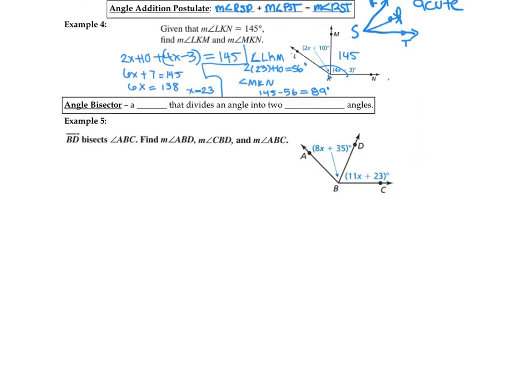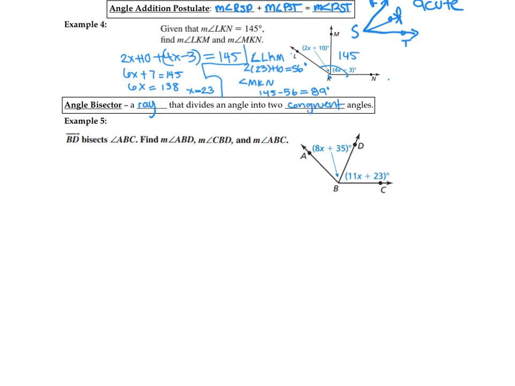All right. Yesterday we talked about segment bisectors, and we said that segment bisectors basically cut a segment in half. It bisects a segment. Angle bisector is the same thing, except this time we're talking about angles. An angle bisector is a ray that divides an angle into two congruent angles.